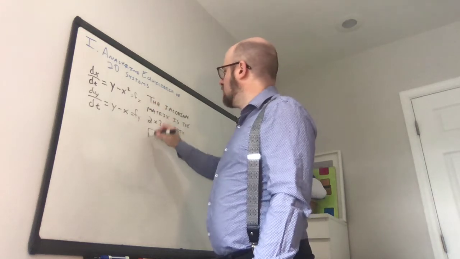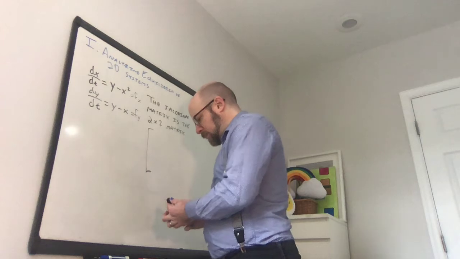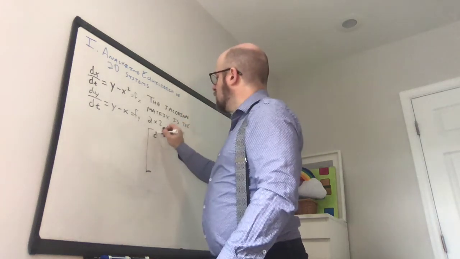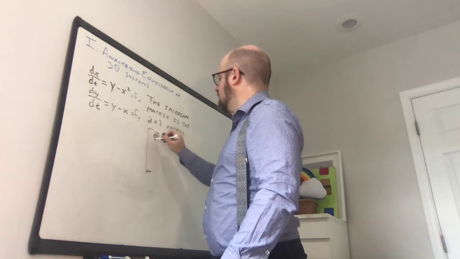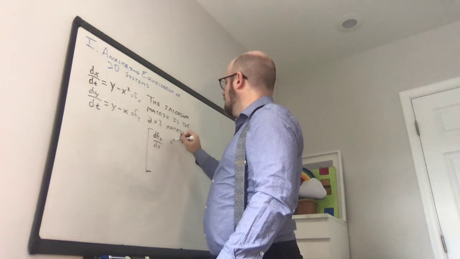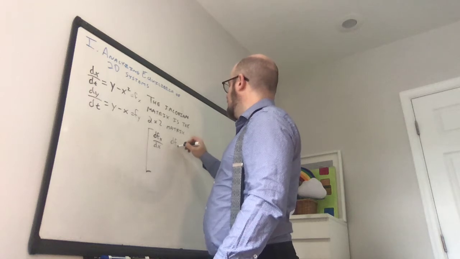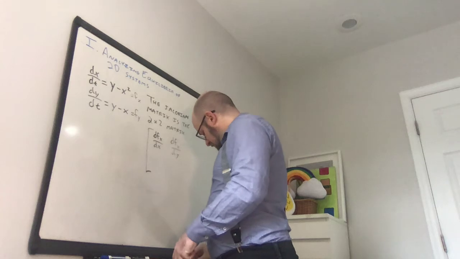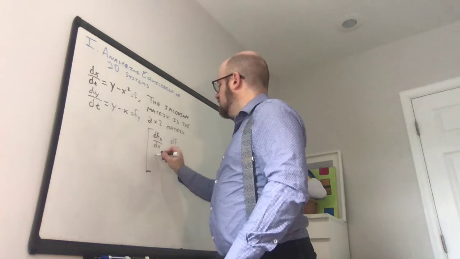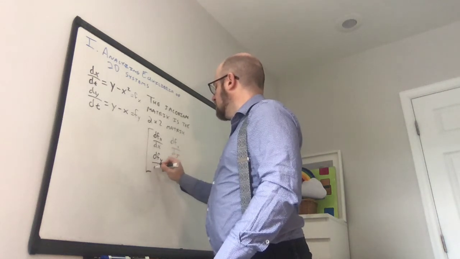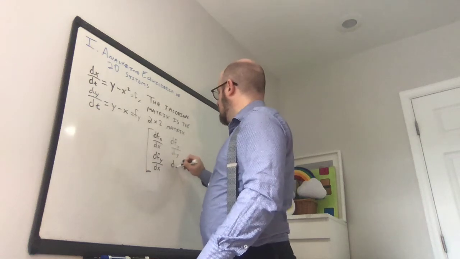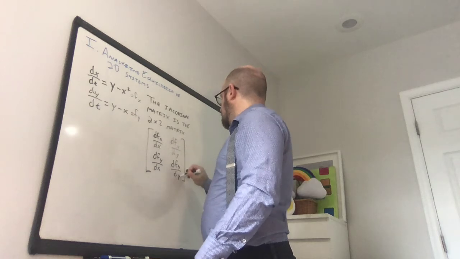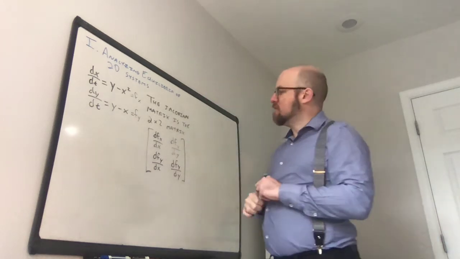So this Jacobian matrix is going to be the matrix where you have ∂f_x/∂x, ∂f_x/∂y, ∂f_y/∂x, and ∂f_y/∂y. Okay? So these are the derivatives of this.